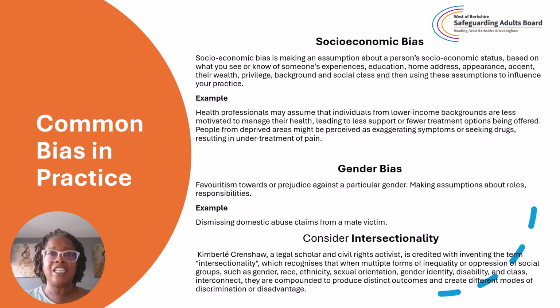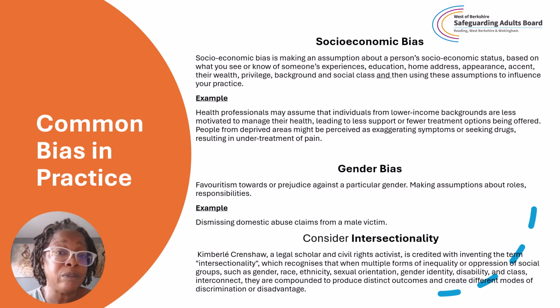Socioeconomic bias. Socioeconomic bias is making an assumption about a person's socioeconomic status based on what you see or know of a person's experience or education, their postcode, their appearance or their accent, or their social class, and then using these assumptions to influence your practice.